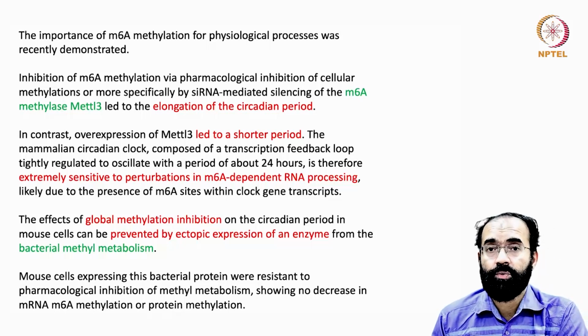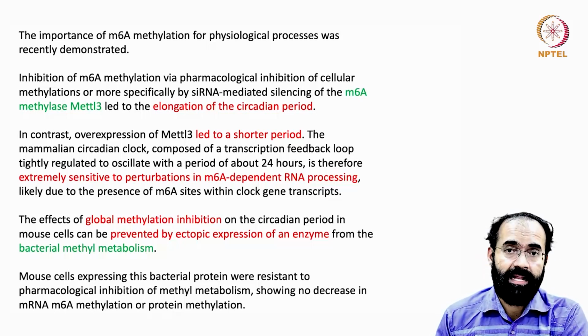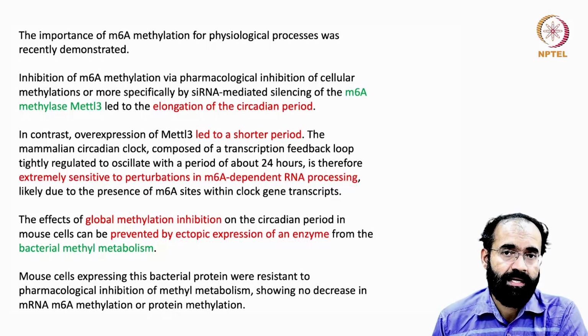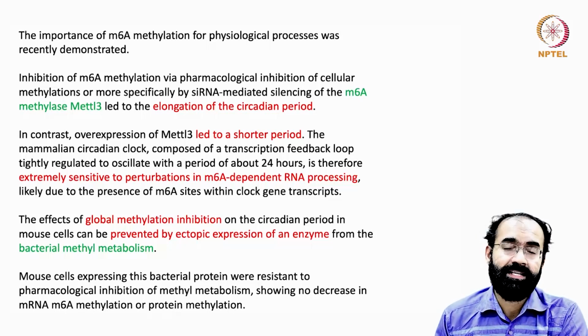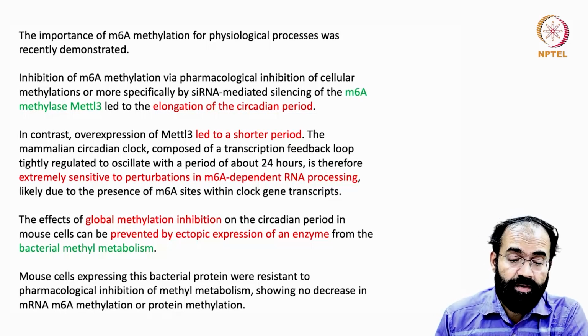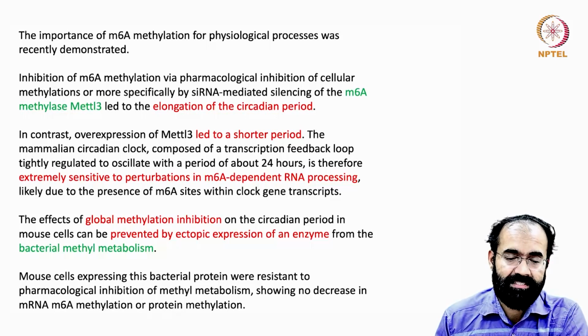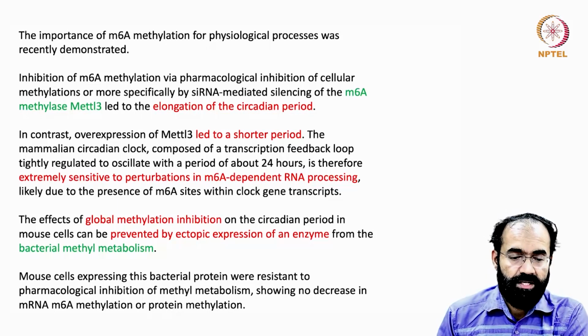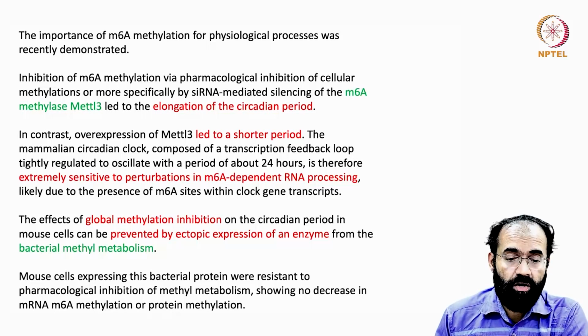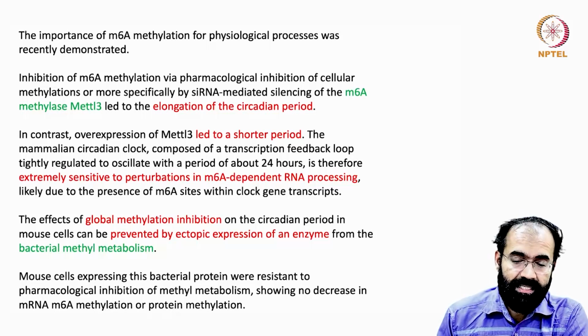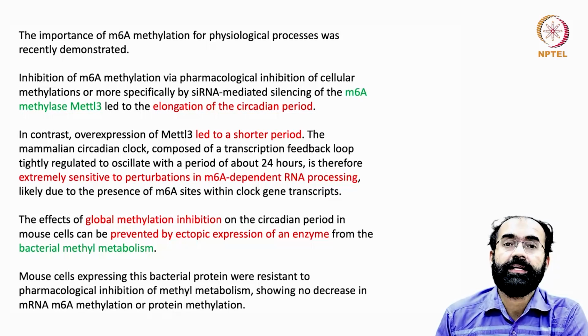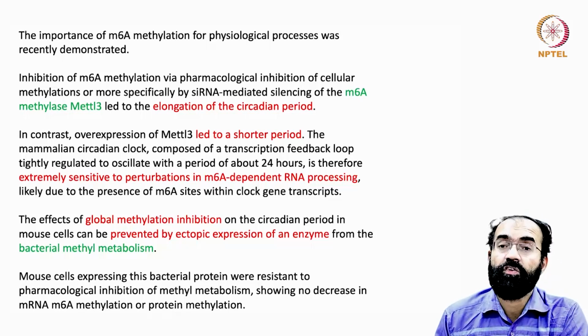So you will see an elongation of the circadian rhythm. That means you are not ending the day when it is supposed to end, or you are not ending a night when it is supposed to end. You are prolonging it. In contrast, the overexpression of the methylase METTL3 led to a shorter period, that is, it reduces the circadian rhythm. The mammalian circadian clock, composed of transcription feedback loops, is tightly regulated to oscillate with a period of about 24 hours.